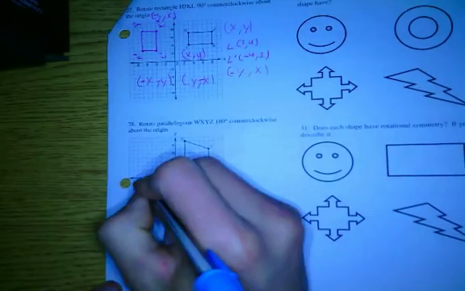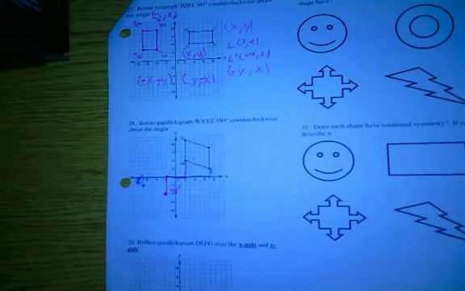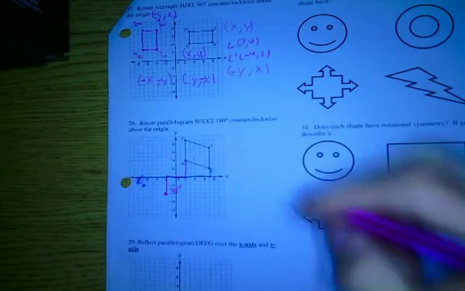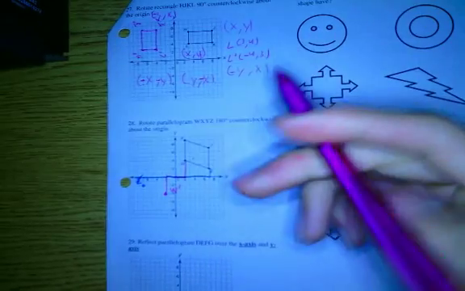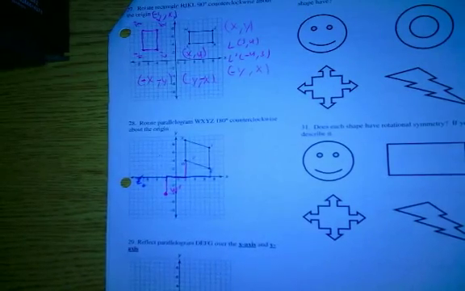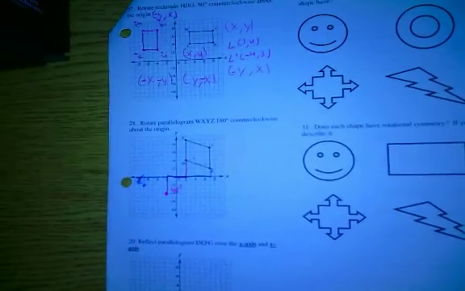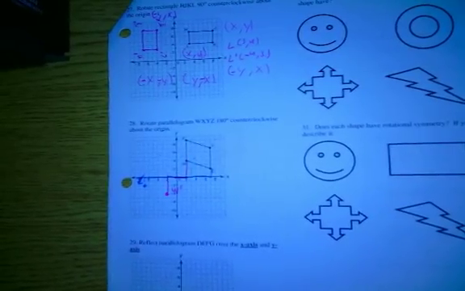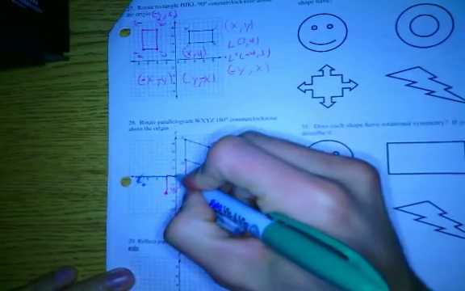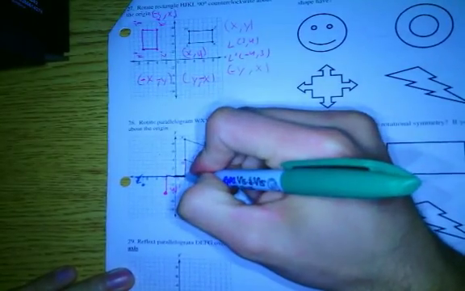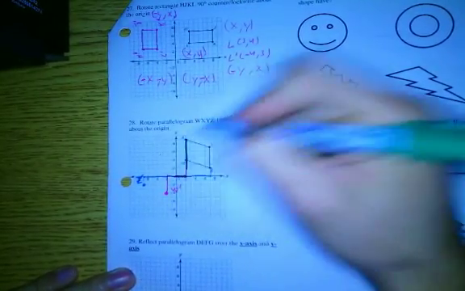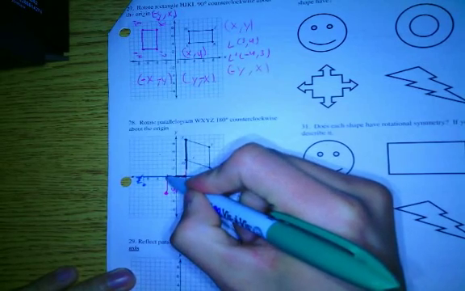Alright, we're going to do one more. So I'm going to try to switch colors. Alright, this should work. Got some green. So we're going to do 2 units, and then to go all the way to x, that is 9 units. So 2 all the way to 9. This is going to be x prime.